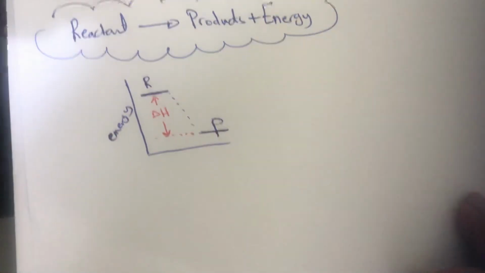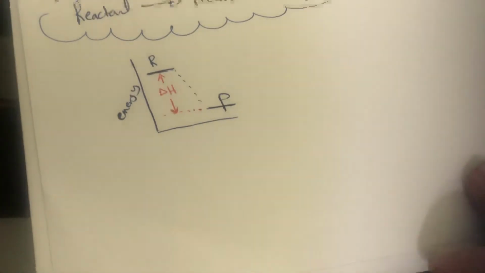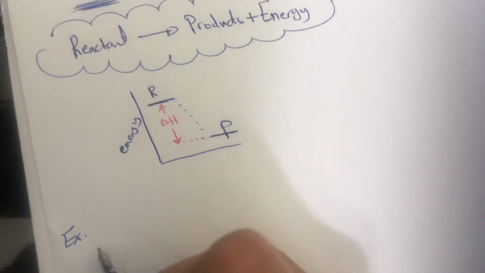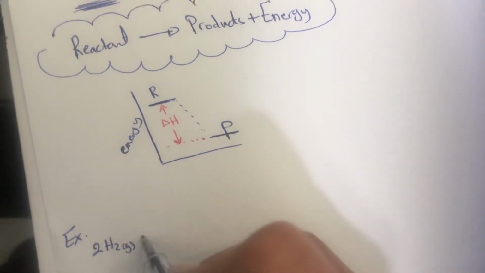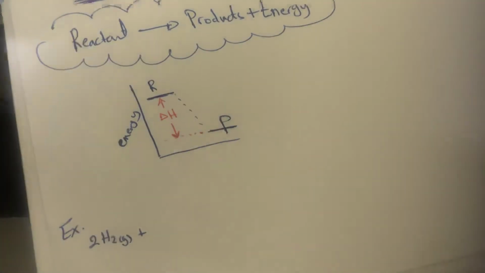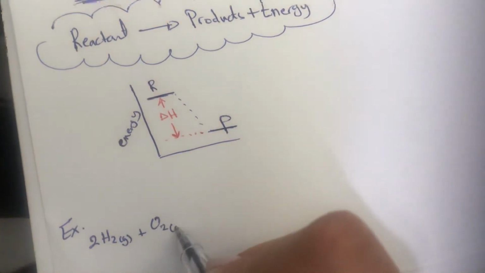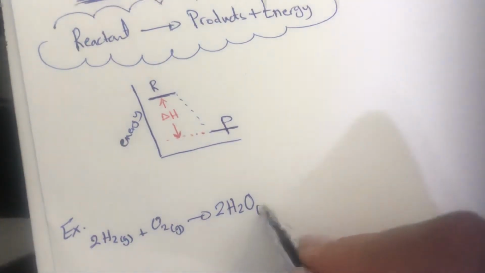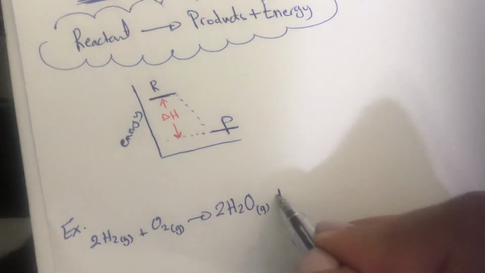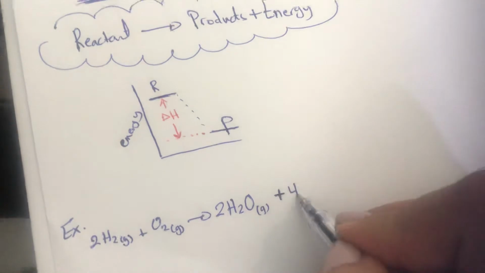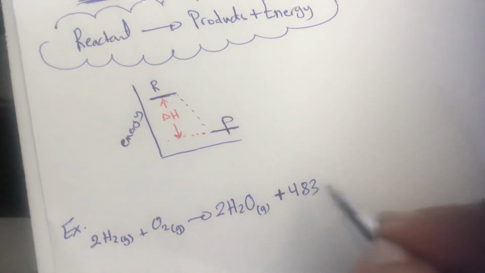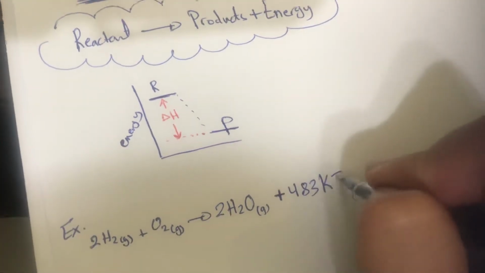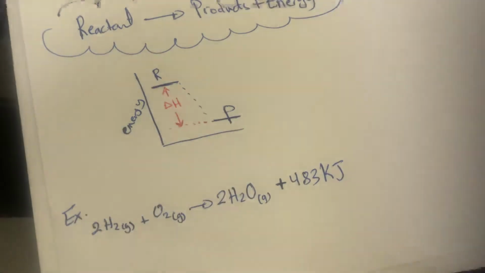How do you tell if the reaction is exo or endo from the chemical equation? Here is an example. For example, 2 hydrogen gas plus 1 mole of oxygen gas produced 2 mole of water gas plus 483 kilojoule.